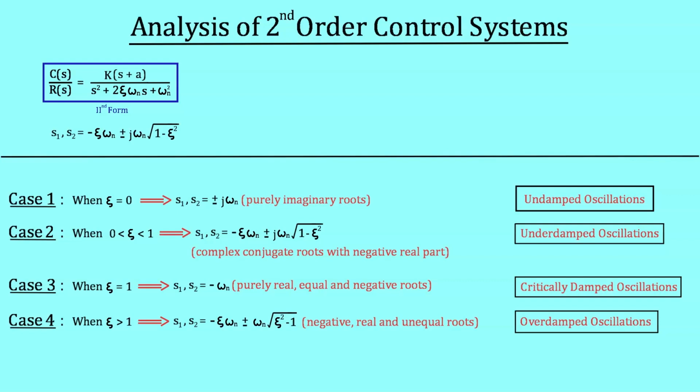Previously we have seen different cases. We have also located the different poles and have also classified them with their names. But all these things are valid only for second order control systems which are present in standard form. This nomenclature, which is undamped oscillations, underdamped oscillations, critically damped oscillations and overdamped oscillations, is not valid for the case where there is one zero in the transfer function, and as such, since they are not named, there is no meaning of different cases also.